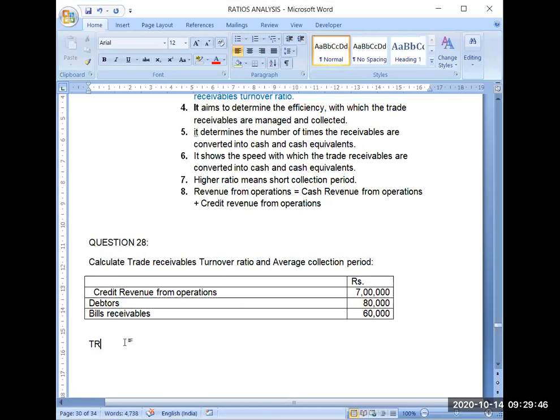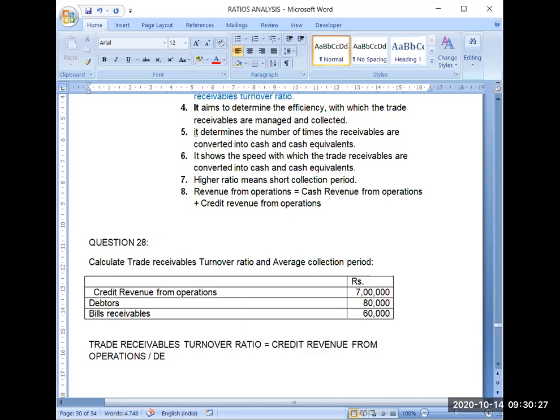So now trade receivables turnover ratio is equal to credit revenue from operations divided by debtors and bills receivable.